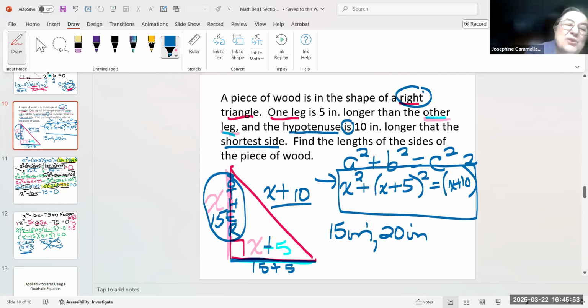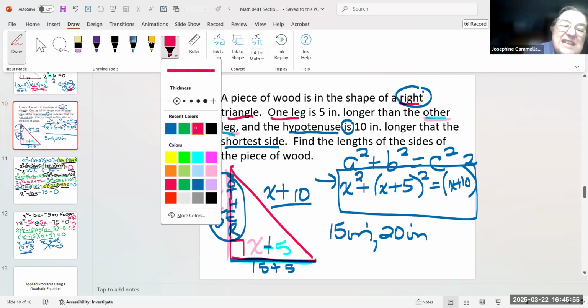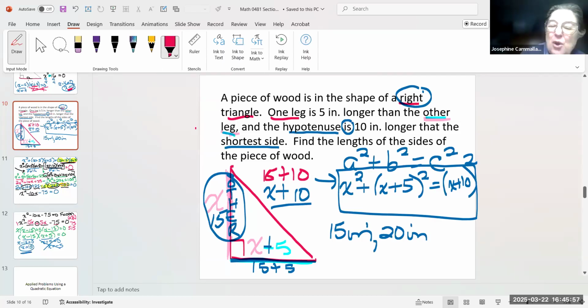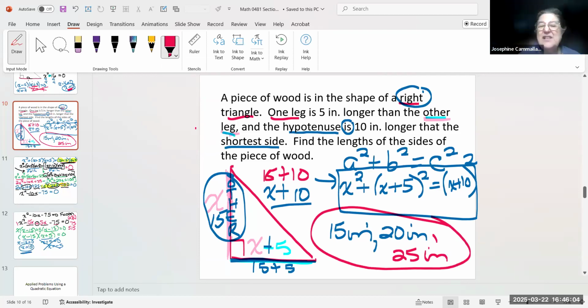And then my third side is 15 plus 10, or 25 inches. These are the lengths of the sides of the board. Took me 2 slides to find those, but it's a lot of work, and it's watching signs.